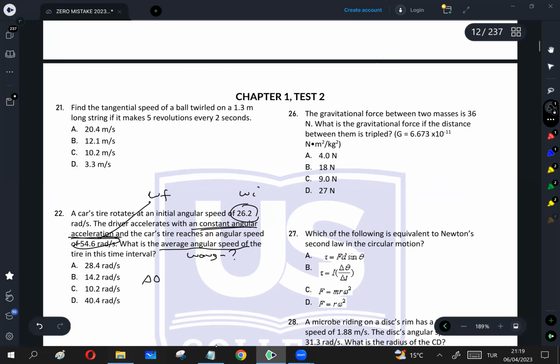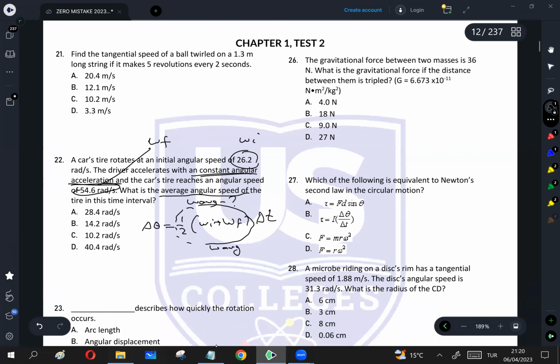Remember, we derived the delta theta equation: 1/2 times omega initial plus omega final times delta t. This is omega average. So when you add initial and final speed and divide by 2, you calculate omega average for uniformly accelerating or decelerating motion with constant angular acceleration. Omega initial is 26.2, omega final is 54.6. Add them, divide by 2, and you will get the answer.